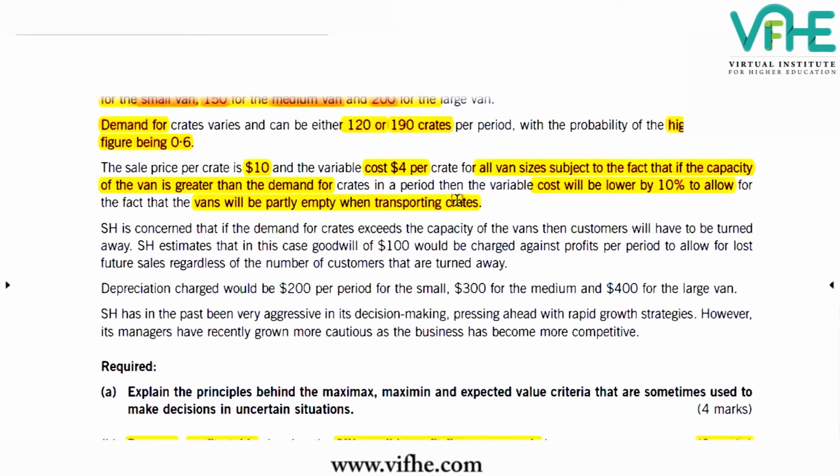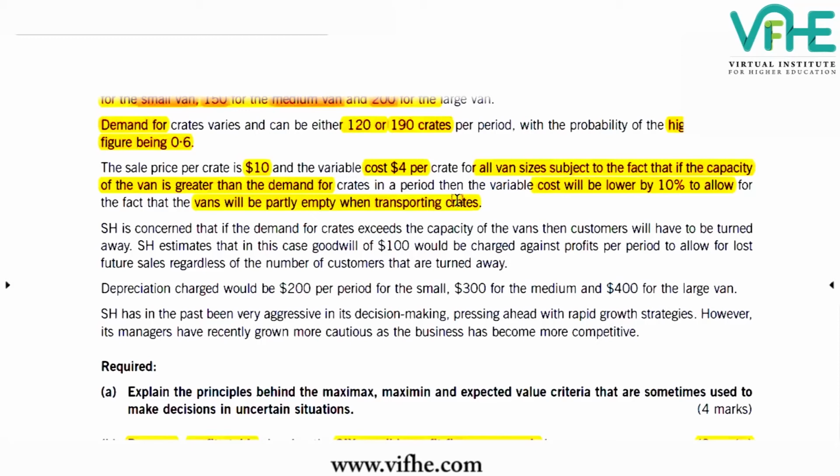For example, 80 people came in the van, 70 people came, or 40 people came. So the capacity is more than 100 people who came, maybe 70, 80, 40. So the demand is less and the capacity is more.